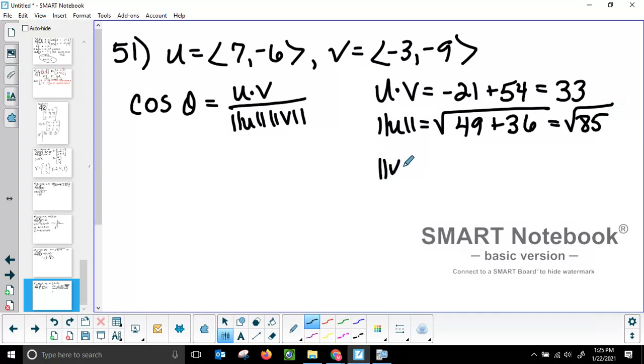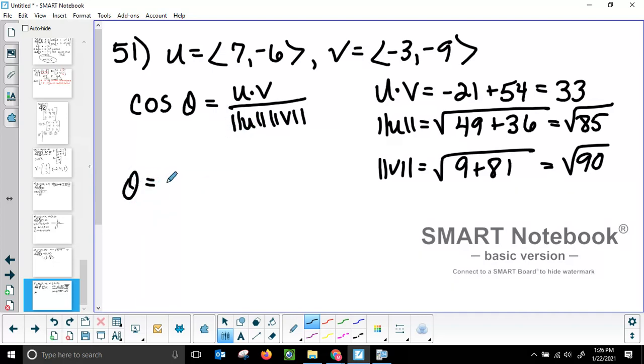And the magnitude of V is equal to the square root of 9 plus 81, which is equal to the square root of 90. Now, there's no need to actually simplify these out. Of course you can if you want, but you're just going to be plugging it into a formula anyway.